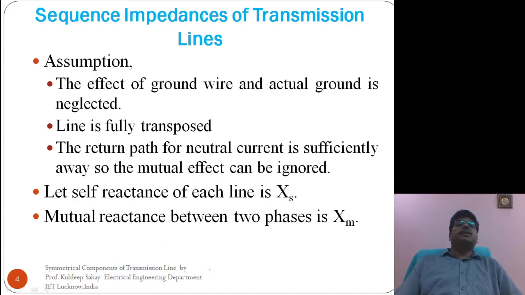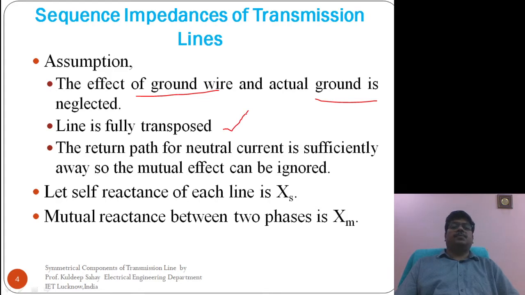Now, determination of sequence impedance for the transmission line. There are some assumptions. These assumptions are that the effect of the ground wire and actual ground is neglected. Another is that the line is assumed to be fully transposed.